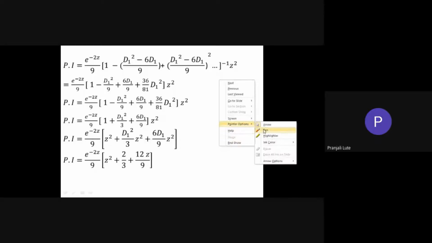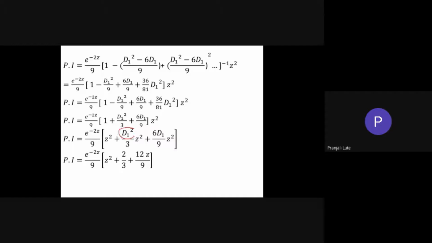What is the meaning of d1 square? Double derivative of z square. So what is the double derivative of z square? Single derivative is 2z and then next derivative is 2. So what is the double derivative? That is 2 by 3 plus 12 d1 z square. Meaning of d1 z square is derivative of z square.